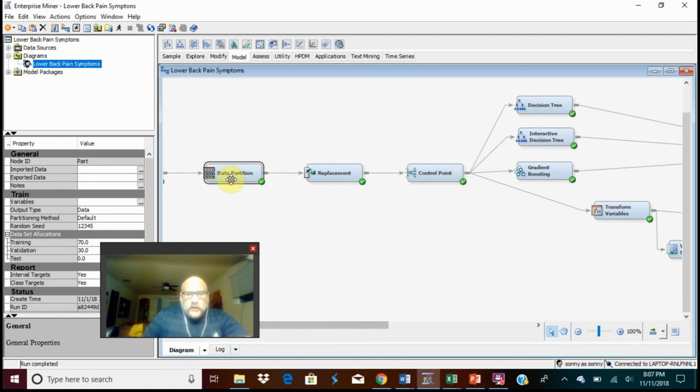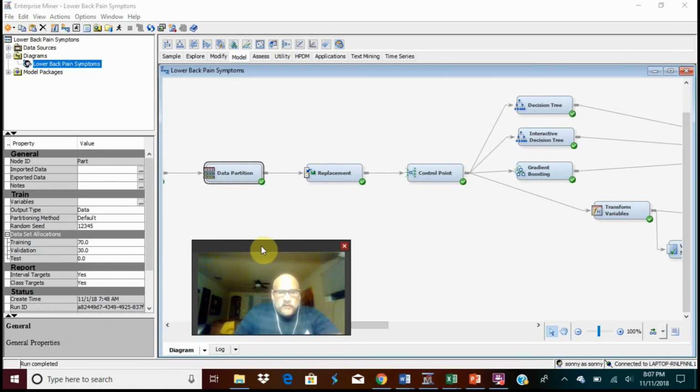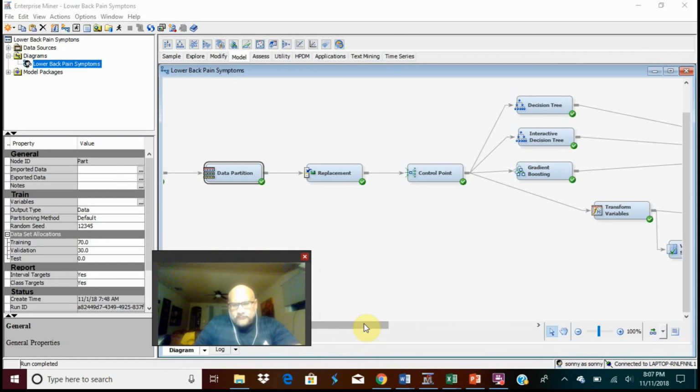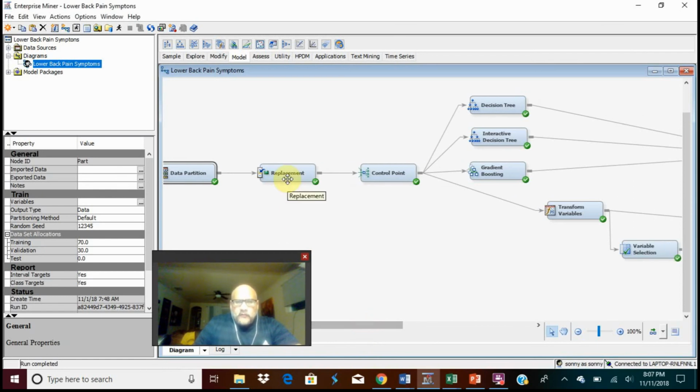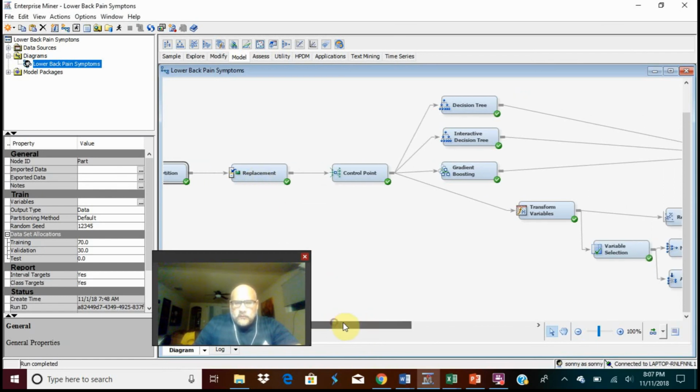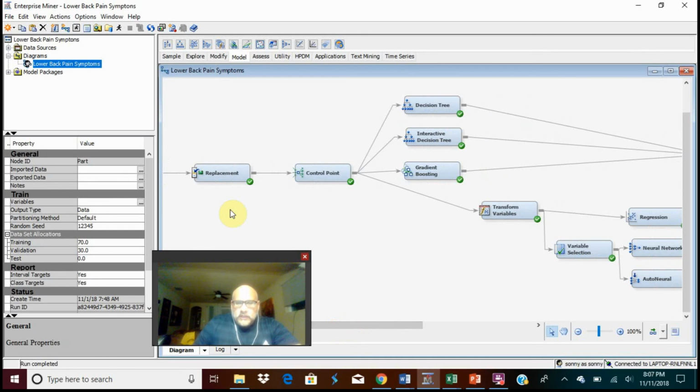The data partition, I already discussed that I used a 70-30 split, 70 for training and 30 for validation. I didn't really have to replace any values. This was very clean, but I double checked using that replacement.